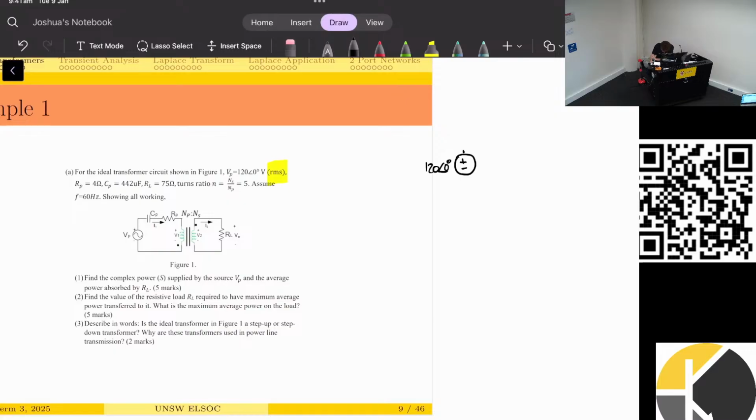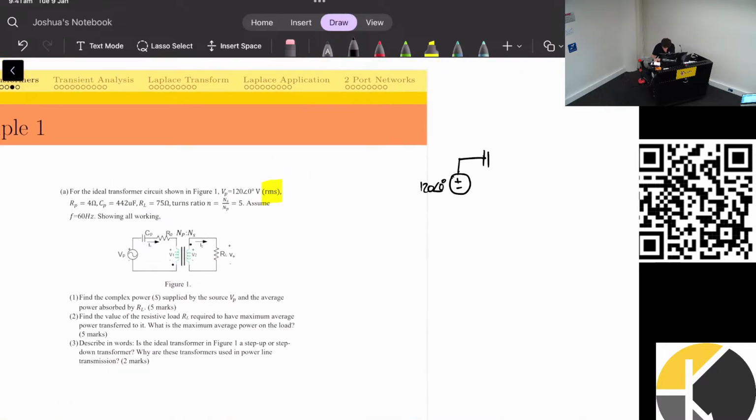For the capacitor, we're going to convert it into the complex form, or frequency space. We use our standard equation, Zc equals 1 on j omega C, which in this case is minus 6j. You can put that in your calculator if you want.